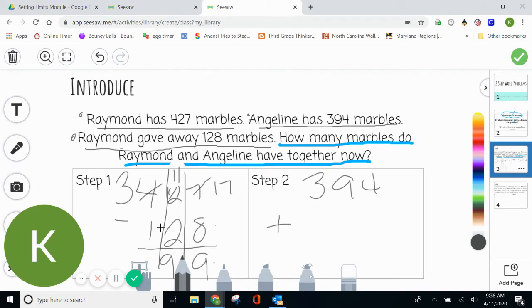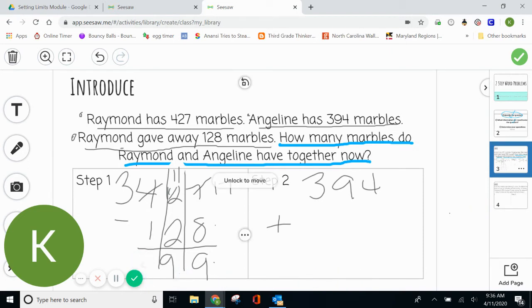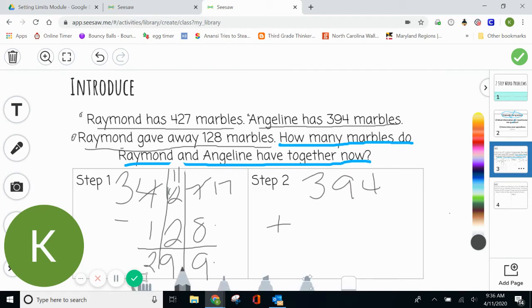So once again, I could check that by adding: 9 tens plus 2 tens is 11 tens, so I know I'm correct. 300s minus 100 is going to be 2 hundreds. Raymond has 299 marbles left once he gives away his 128.